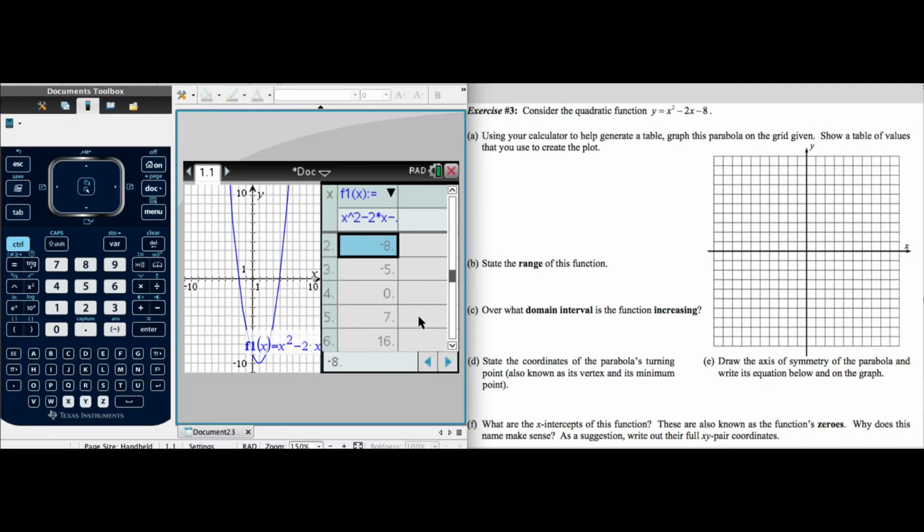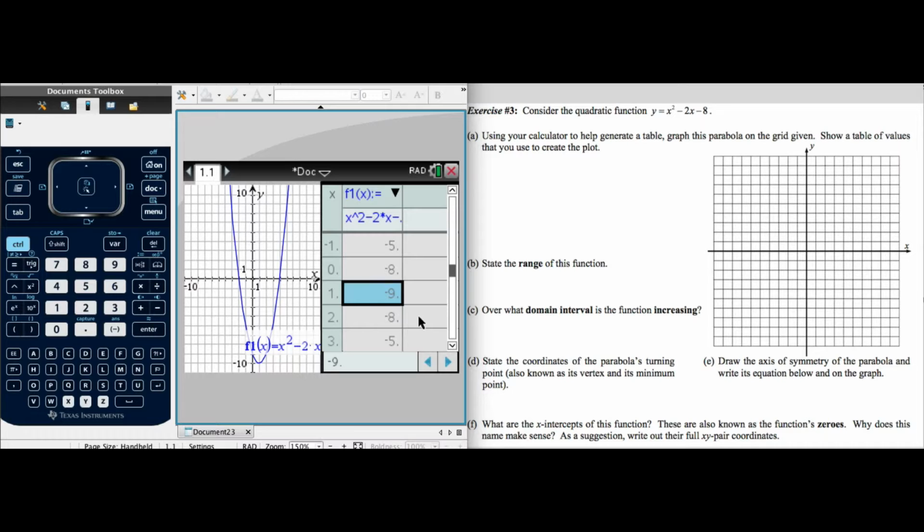We want to know the range of the function. The range is the y value, rather. So I'm going to find my minimum value, which is negative 9. So the answer for the range would be y is greater than or equal to negative 9. Next, the domain in which it's increasing.